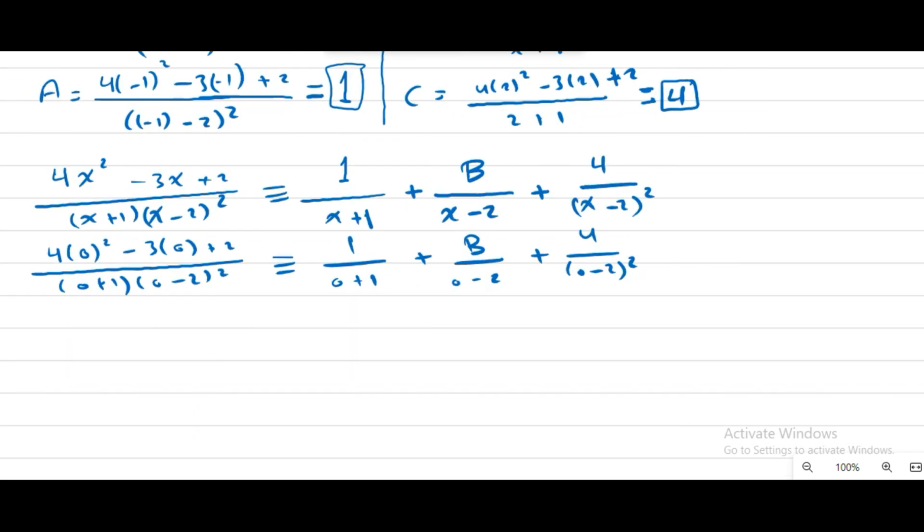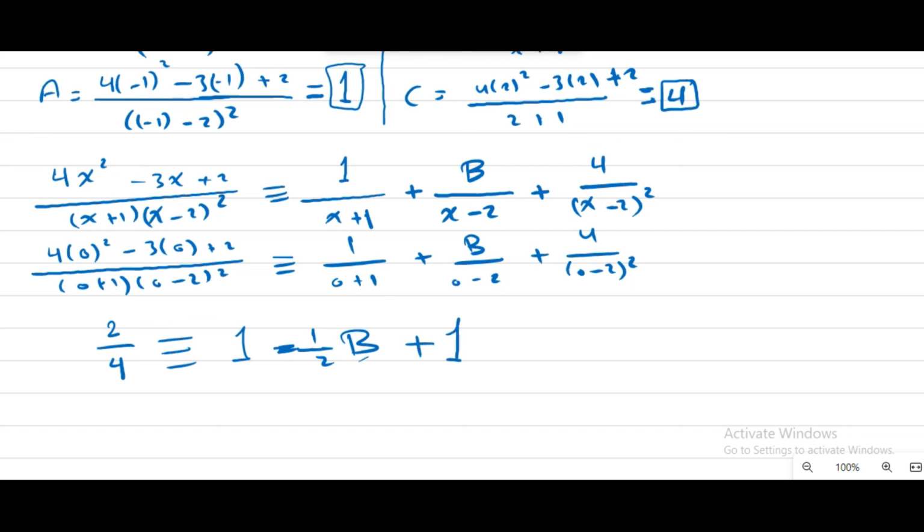By simplifying, this expression will be 2 over 4, this is 0, this is 0, it will be 2 up, and negative 2 power 2 equals 4. Multiply 1 equals 4, equivalent to, here 1 over 0 plus 1 equals 1, minus 1 over 2 B, B over negative 2 equals negative 1 over 2 B, plus this expression will be 1.